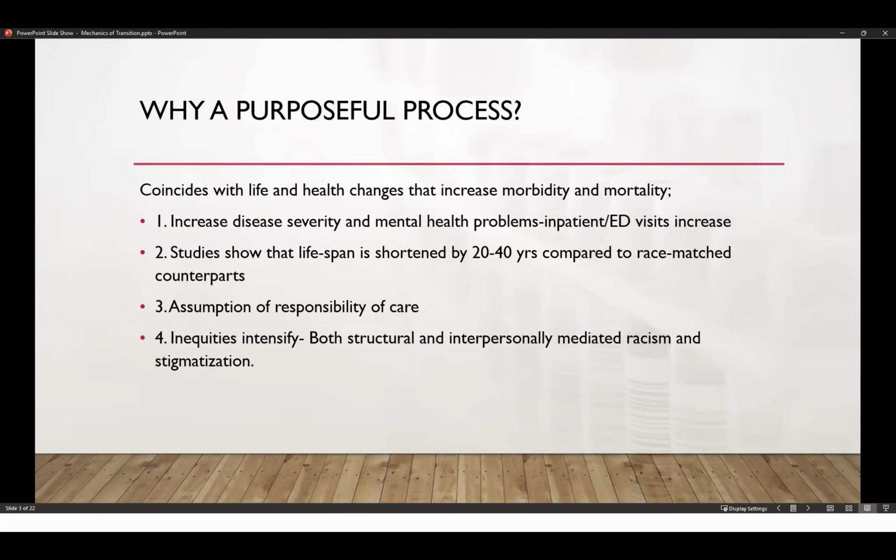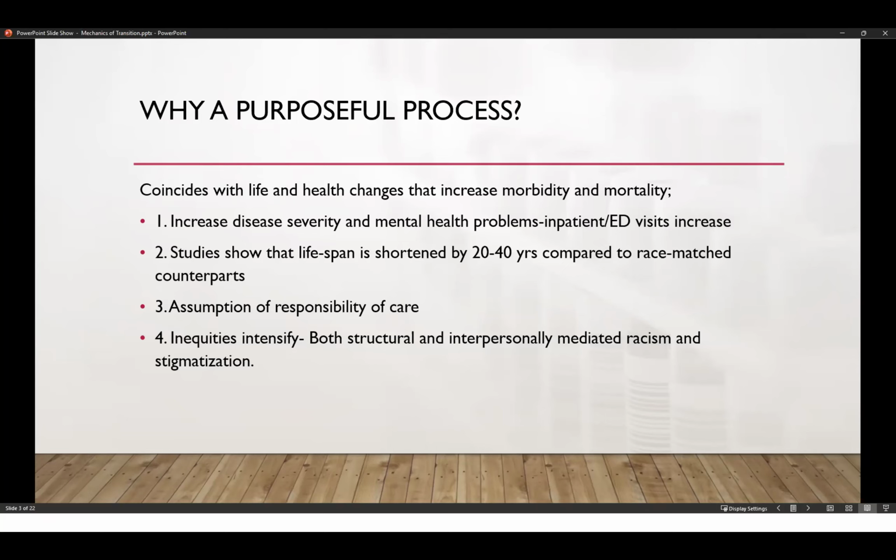All that may lead to an increase in patients' admissions or ED visits. Again, research has found that lifespan is shortened by about 20 to 40 years as compared to race-matched counterparts around this time frame, which is very, very sad.